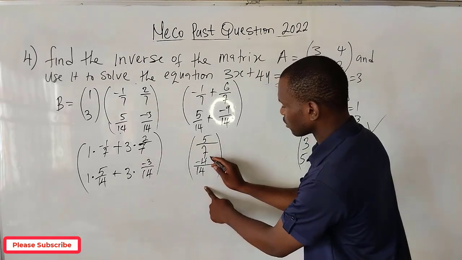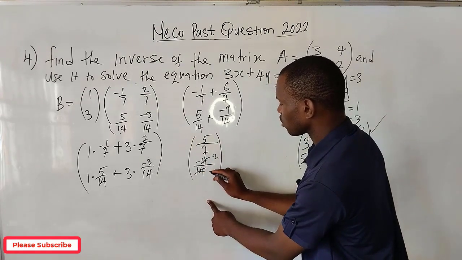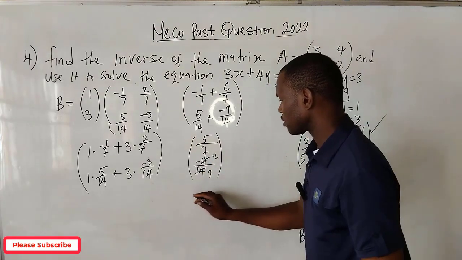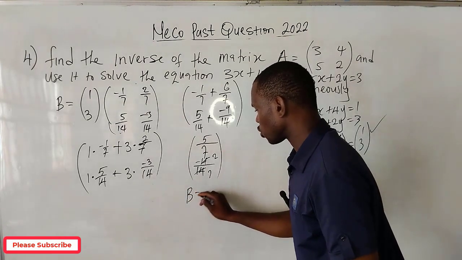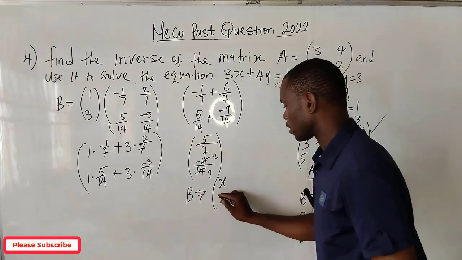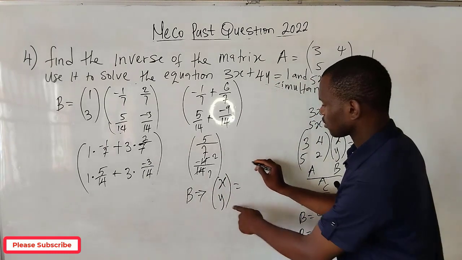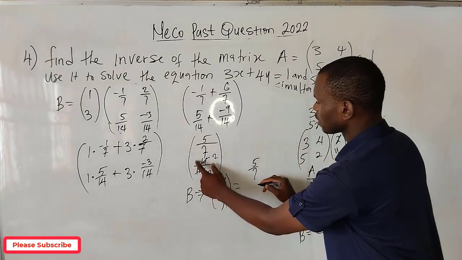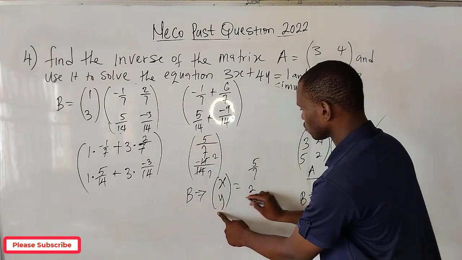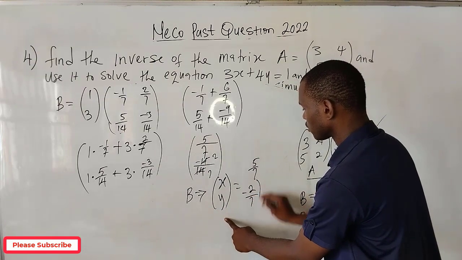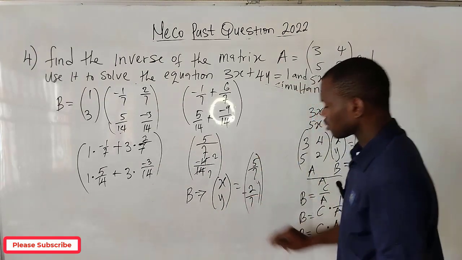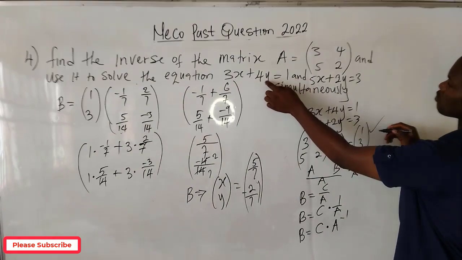Can it break down? 2 can divide here and divide here. This is 2 and 7. So my final answer, B, which is equal to x and y, is 5 over 7 and minus 2 over 7. This becomes the solution of this simultaneous equation.